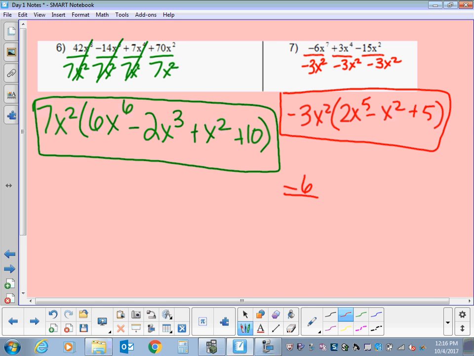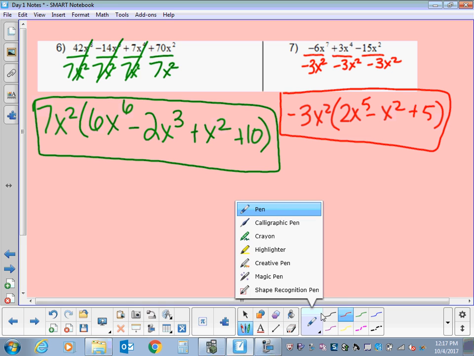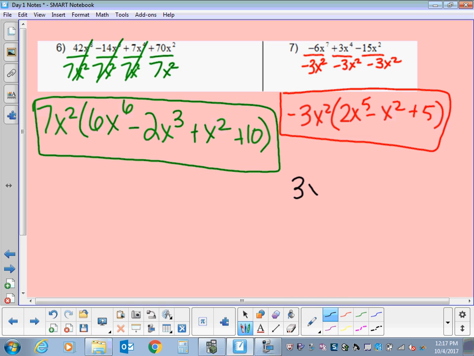So we have -6 divided by -3, which is positive 2. You mean here? When it was originally 3x to the 4th over -3x squared.